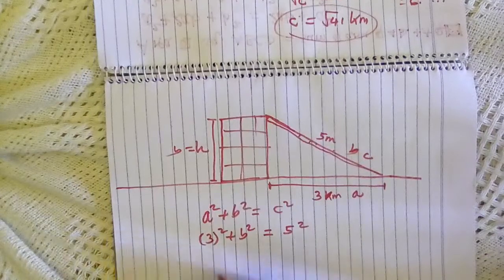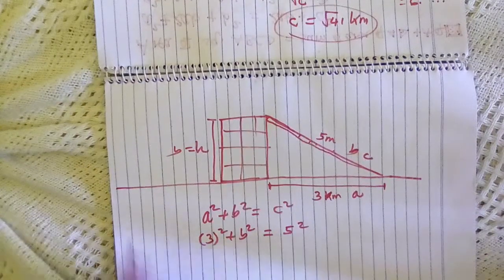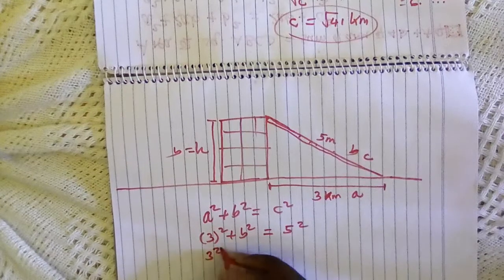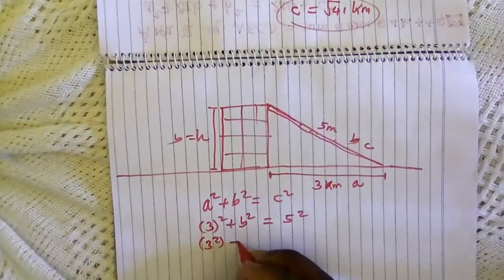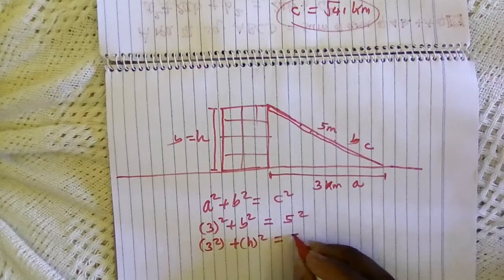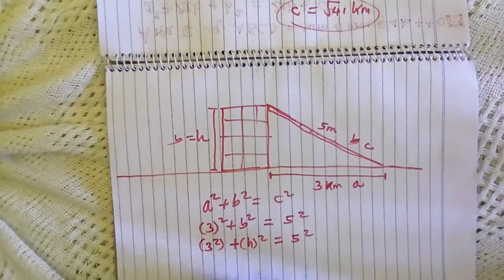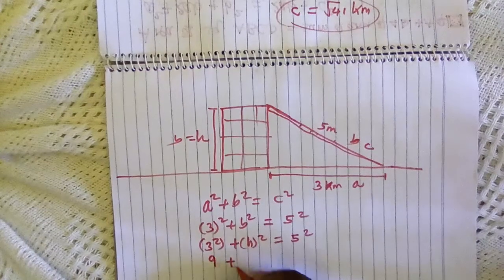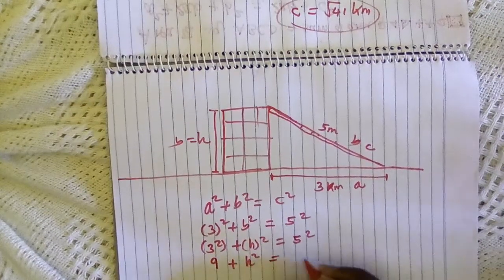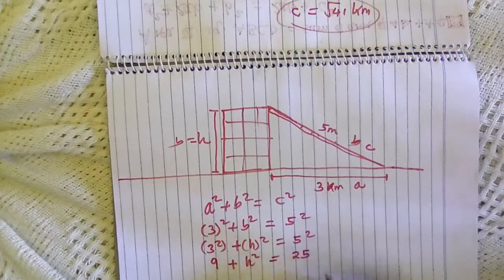Right, and then we know that b, I just named that h, so 3 squared plus h squared equals 5 squared. So 3 squared is basically 9, and h squared is h squared. This is 25, right?